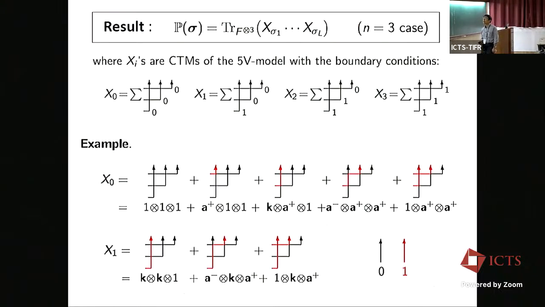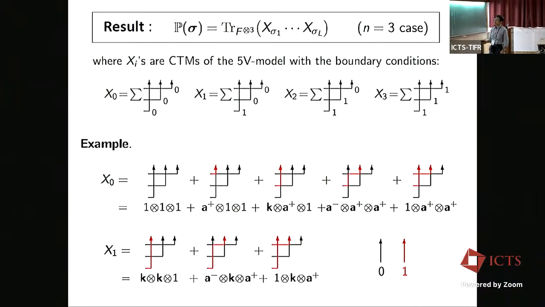So let me show the example again. For example, in the n equals 3 case, its stationary probability becomes the trace of these operators x0, x1, x2, x3, where these 0 and 1 specify the boundary condition. For example, for x0, you are not allowed to touch that southeast boundary, so only these configurations are allowed.